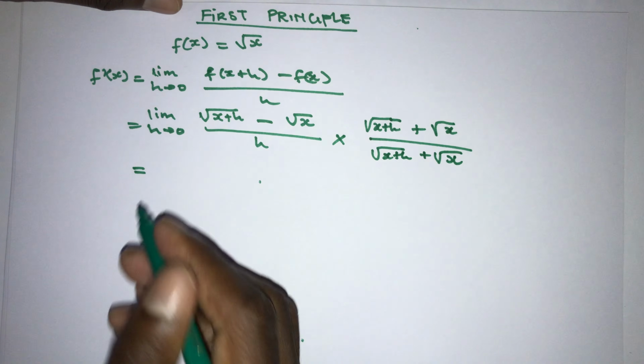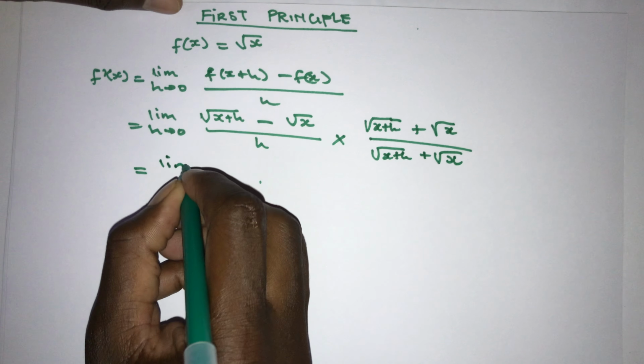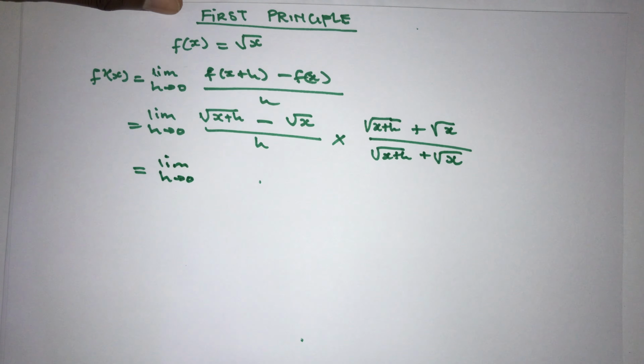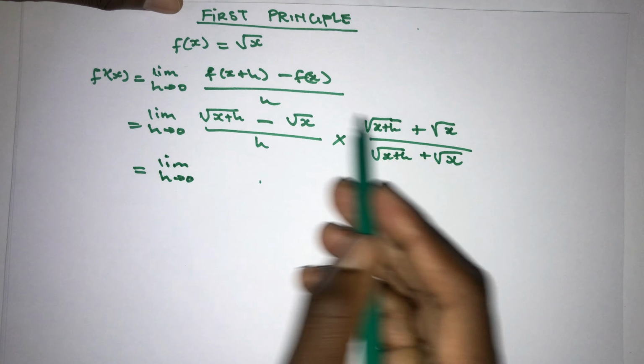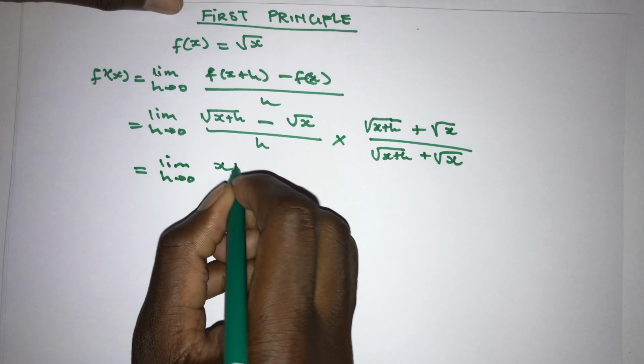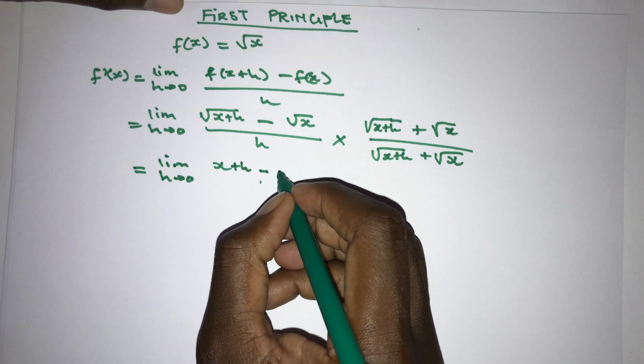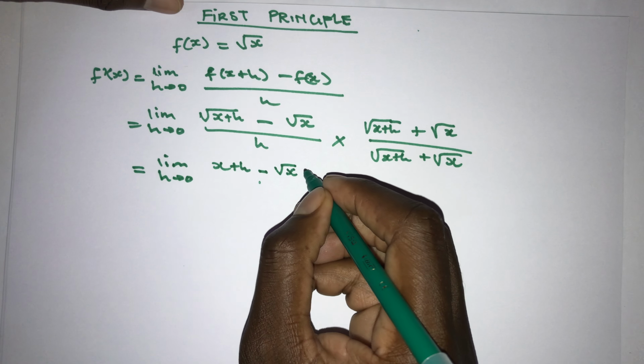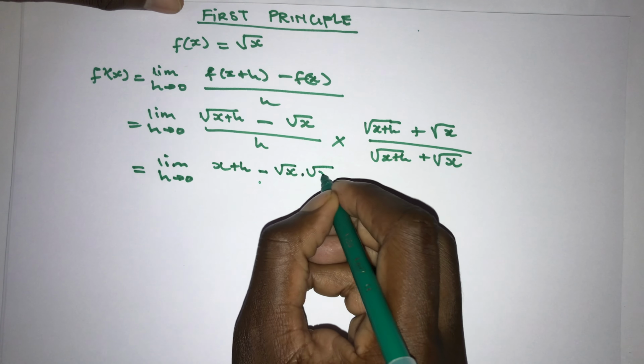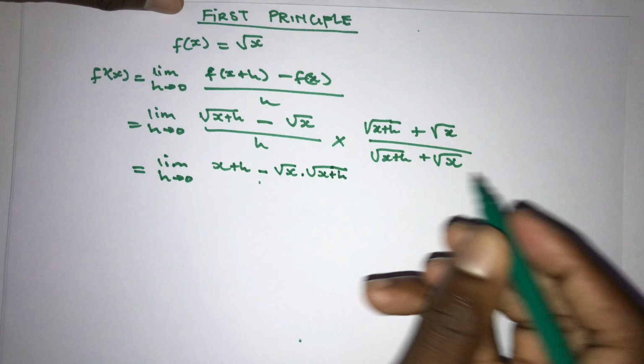So this times this, the limit as h approaches 0. This times this one, we're going to have x plus h, and then negative the square root of x times the square root of x plus h.